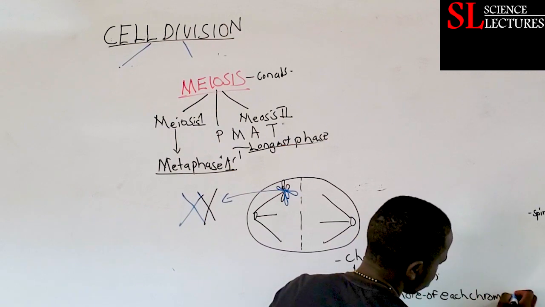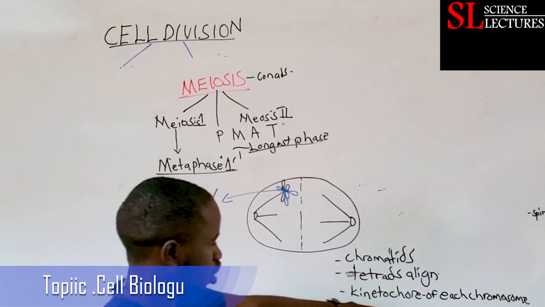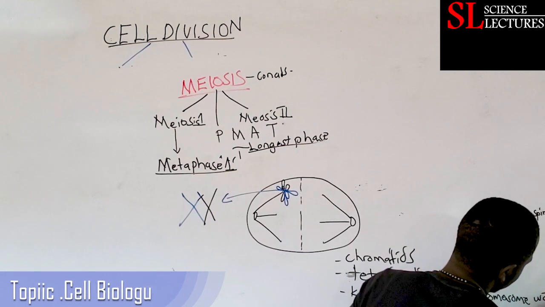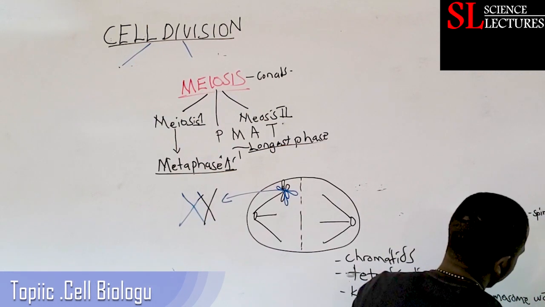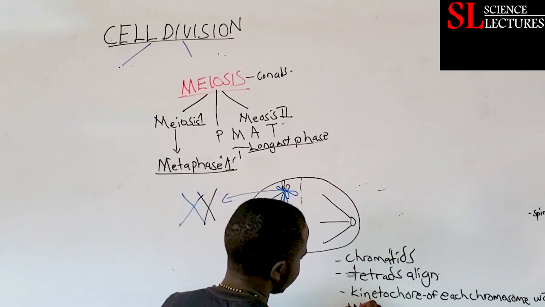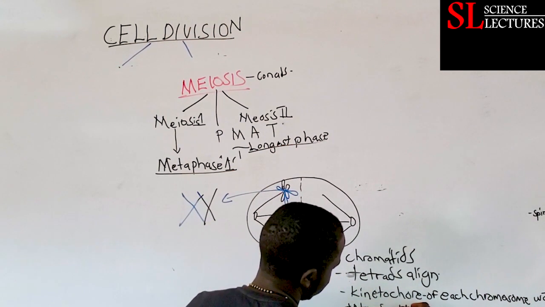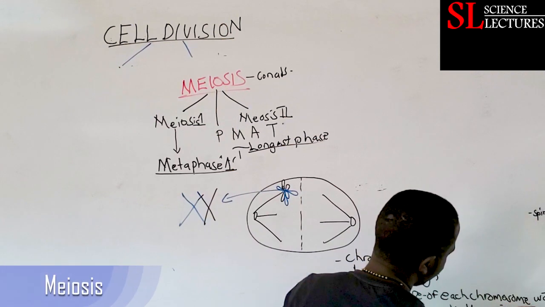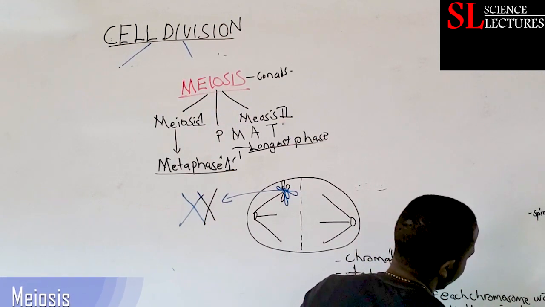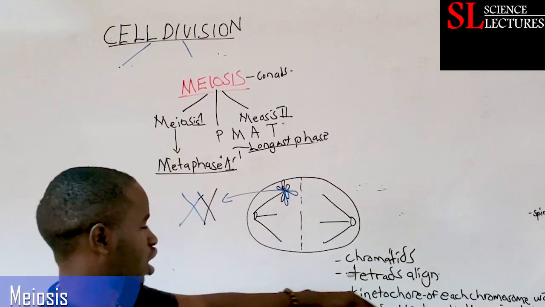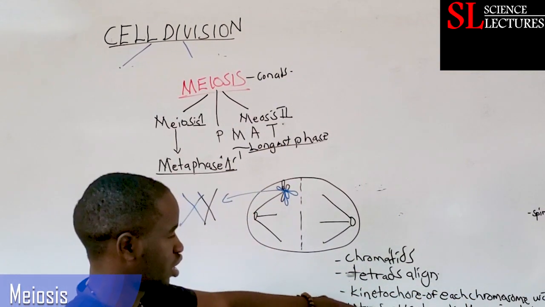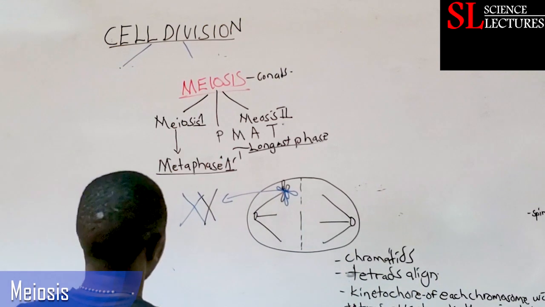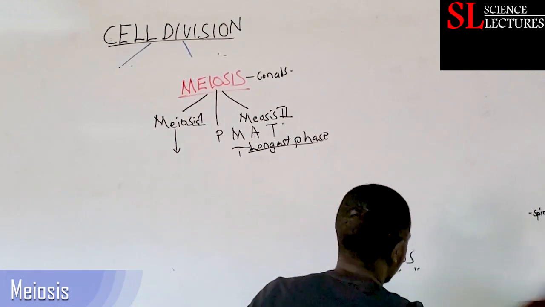In mitosis, we said the kinetochore of each chromatid, but in this case it's the kinetochore of each chromosome, which is part of a tetrad, that attaches to the microtubules. So after that we proceed to anaphase 1.